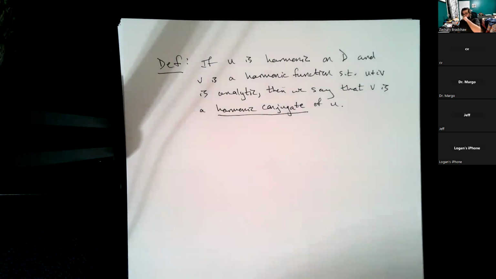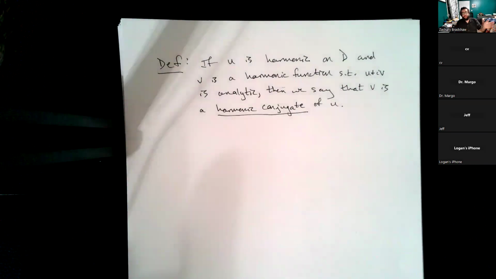Okay, so if I give you a harmonic u and you find a harmonic v such that u plus iv is analytic, then the v you have found is called the harmonic conjugate of the u that I gave you.